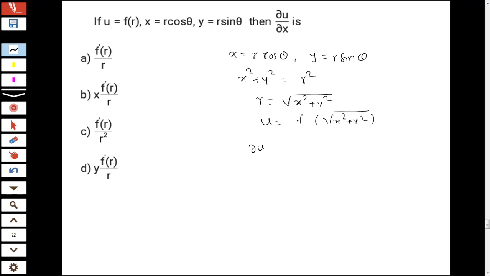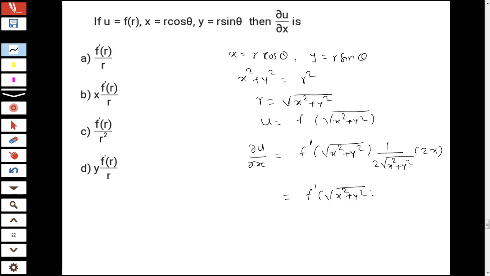So ∂u/∂x will be equal to f dash, chain rule, f dash of under root x square plus y square into the derivative of under root x square plus y square, that is 1 upon 2 root x square plus y square into 2x. So that 2 will cancel. It is f dash of under root x square plus y square into x upon under root x square plus y square.